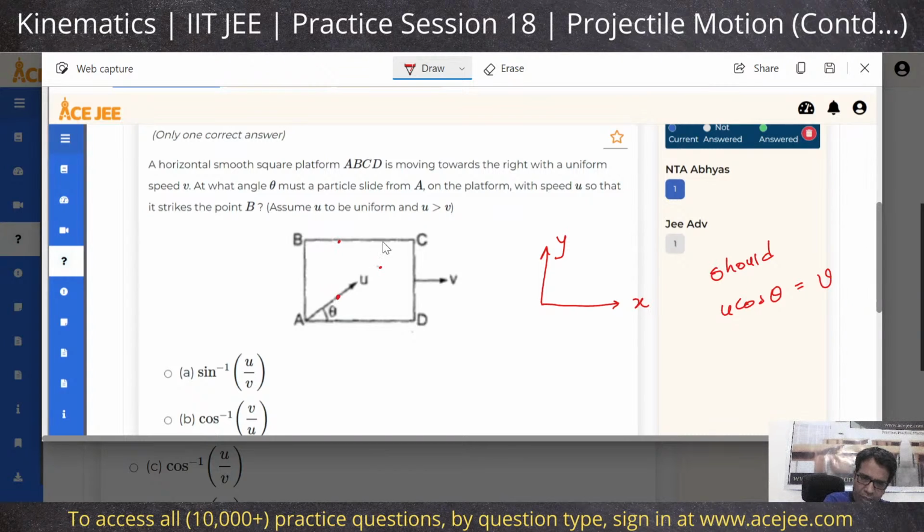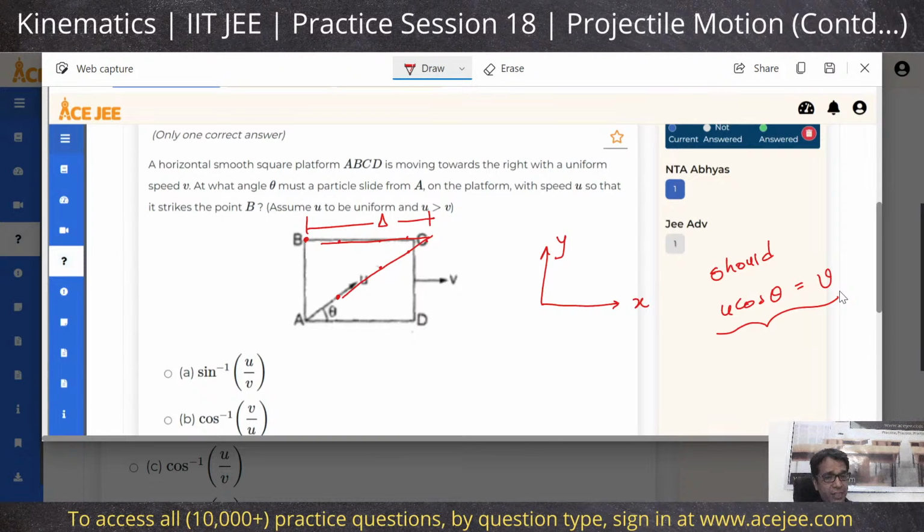When the particle reaches here, B would be here, and then they meet. Correct, beta? So both are covering the same distance till they meet. Right? Yes. So u cos theta must be equal to v.